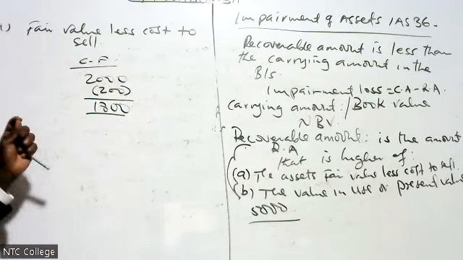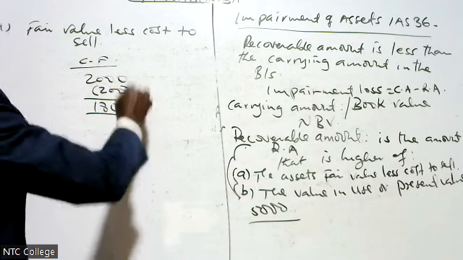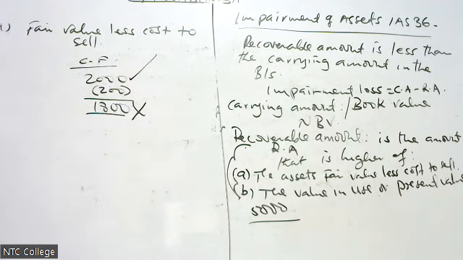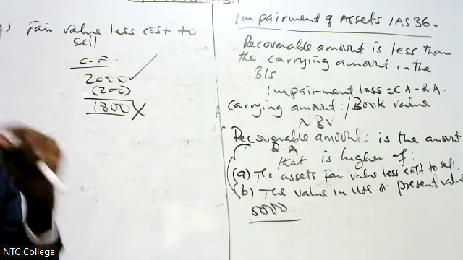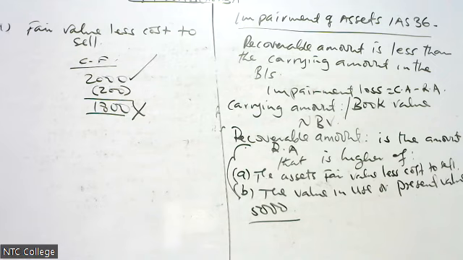Therefore, if the examiner has given you such cash flows, the cash flow I'm going to discount is not this one. It is 2,000. I discount 2,000. That's why I'm saying pre-tax cash flow. Before you pay tax, you discount those cash flows.